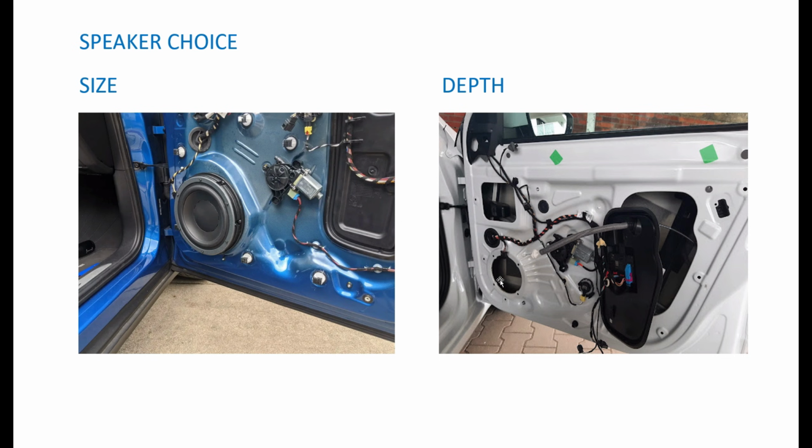Usually there's a pre-cut hole, and there's nothing to stop you cutting something a little bit bigger, but this looks like an 8-inch speaker. Let's pretend it's a 6.5. You might be able to squeeze an 8-inch in, but if you go bigger, you're probably going to interfere with the ability to close the door on the edge here in the seal, right? So you're going to have a maximum size that you can fit in this hole.